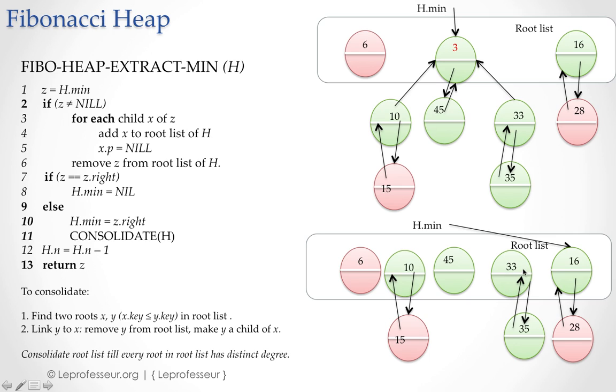For example, 33 and 16, and 10, these three happen to have the same degree, and then 45 and 6 happen to have the same degree. 6 and 45 have degree 0, and 10, 33, 16 have degree 1 each. So we want to consolidate this tree so that the resultant tree follows the Fibonacci heap data structure.